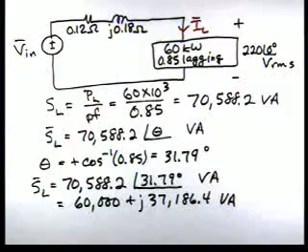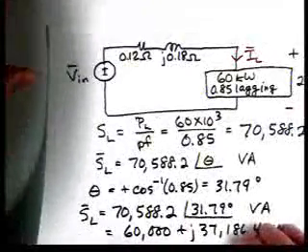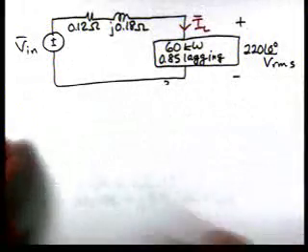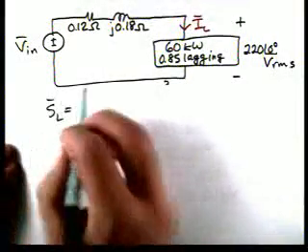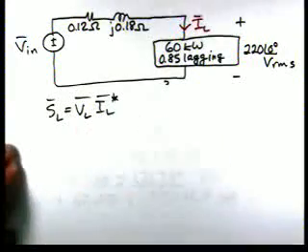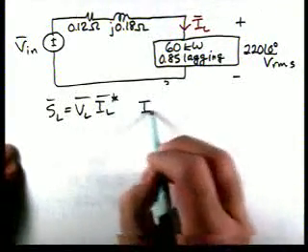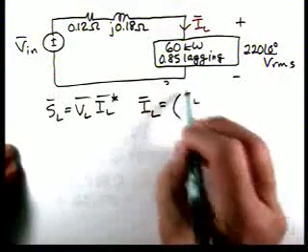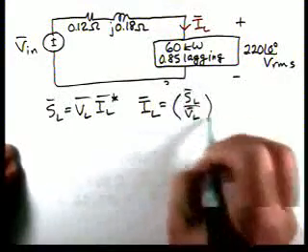We know for our load that S_L is going to be V_L I_L conjugate. So then solving for I_L, it is S_L over V_L conjugate.